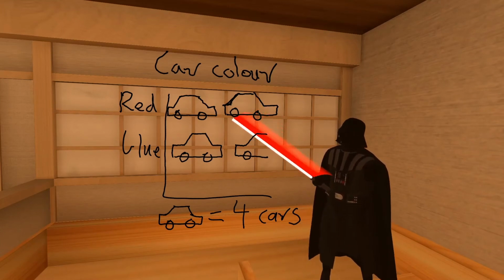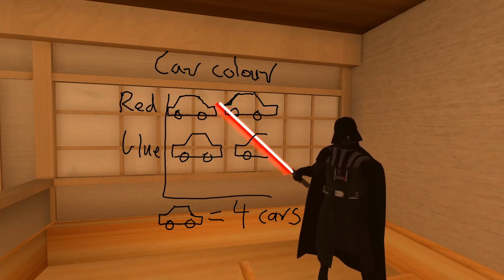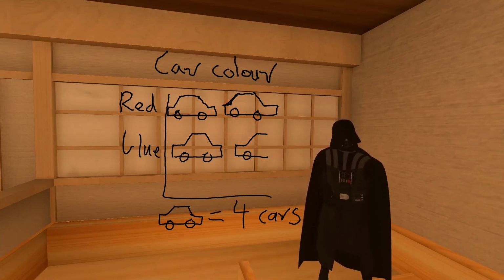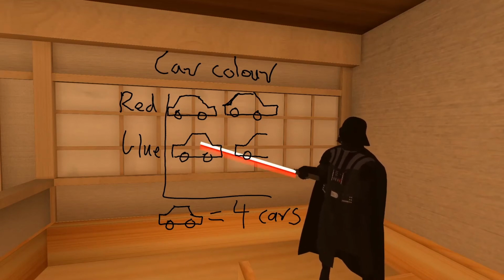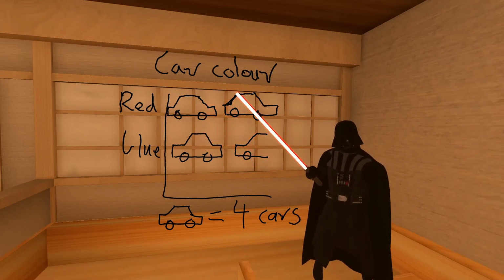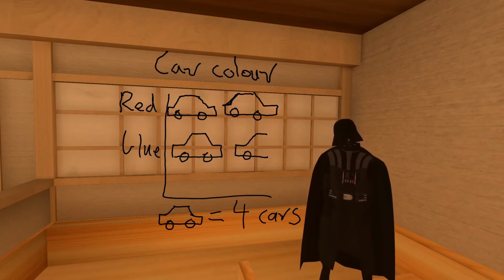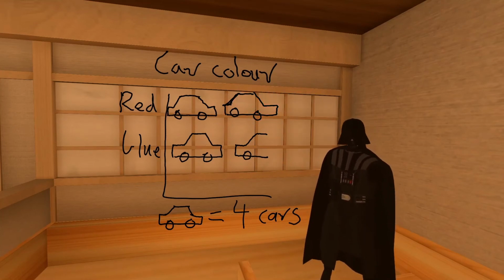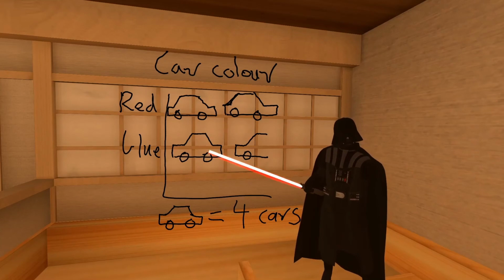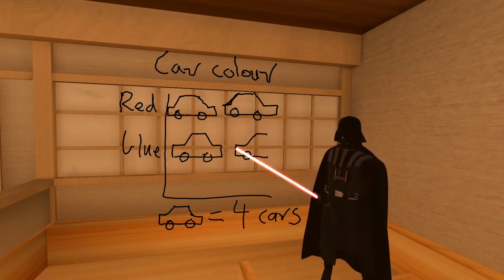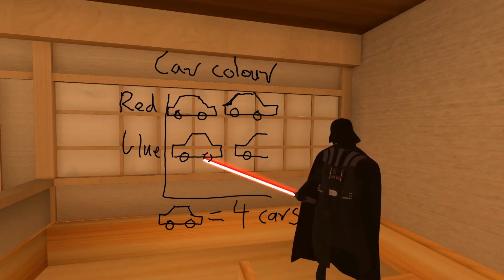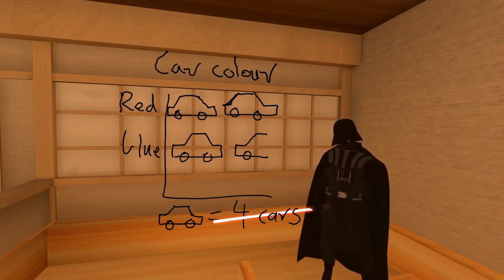Well, I have 2 pictures here. So that means that all up there is 8 red cars because we have 4 here and 4 here. Now, how many blue cars did we see? Well, we have one whole picture here and we have half a picture here. This whole picture represents 4.